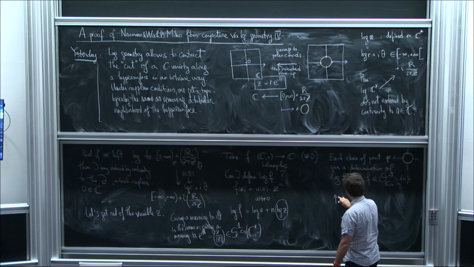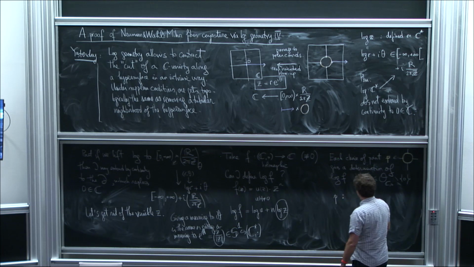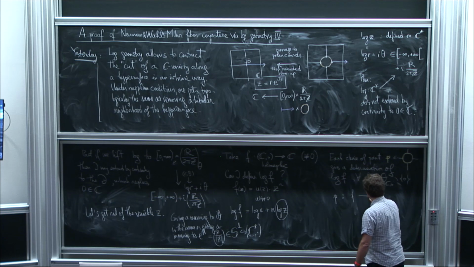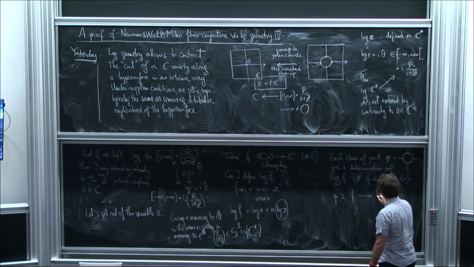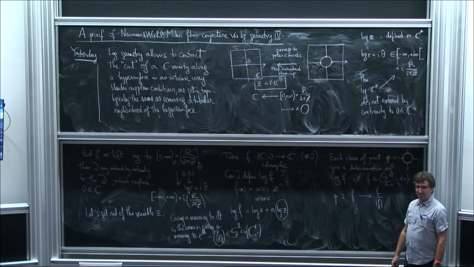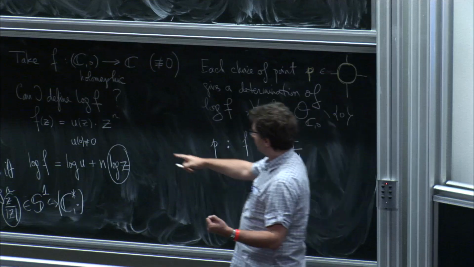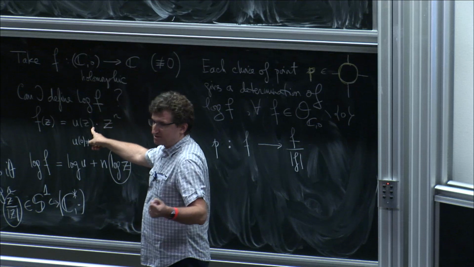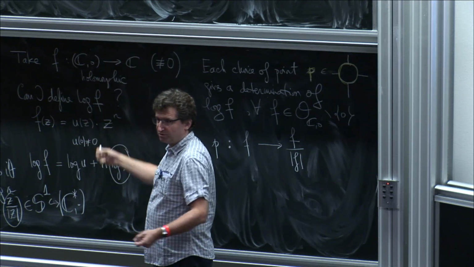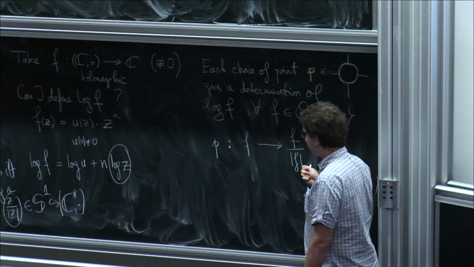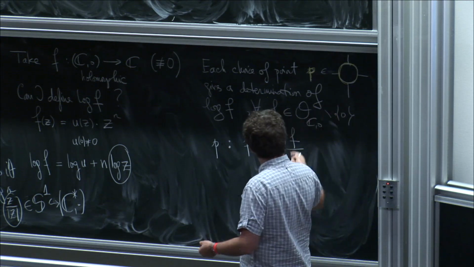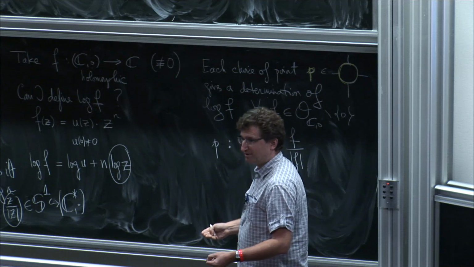And now look, what does this P do? It sends f to f over the absolute value of f. You have no problem with this if f does not vanish at 0, because there, on the neighborhood, you take something divided by something non-zero. And the problem is what happens if f vanishes at 0.